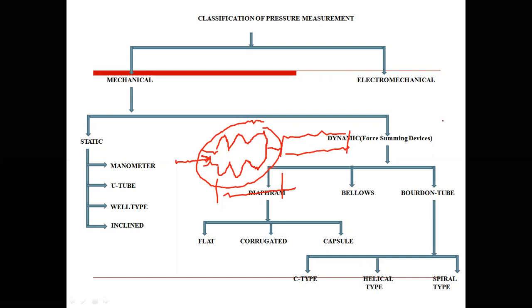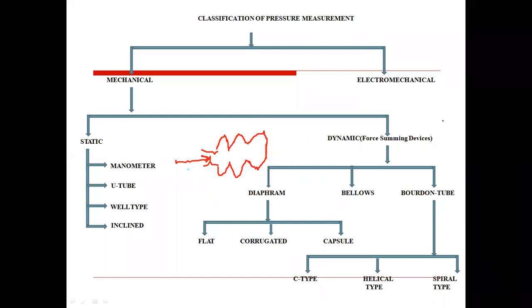So motion will be there for this particular bellow tube, and it will generate the output. That output is calibrated in terms of pressure, because the input which we are applying is the pressure, and depending upon the pressure applied, that much elongation or enlargement of the bellow will take place. So it totally depends upon the applied pressure.